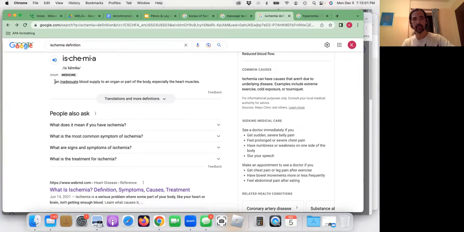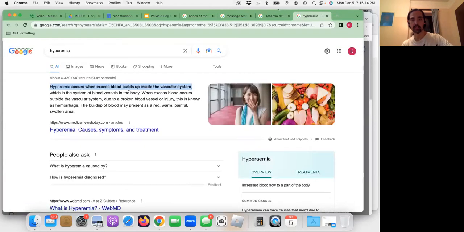Oh, okay. Ischemia, an inadequate blood supply to an organ or part of the body, especially the heart muscles. Inadequate blood supply, hyperemia, excess blood.